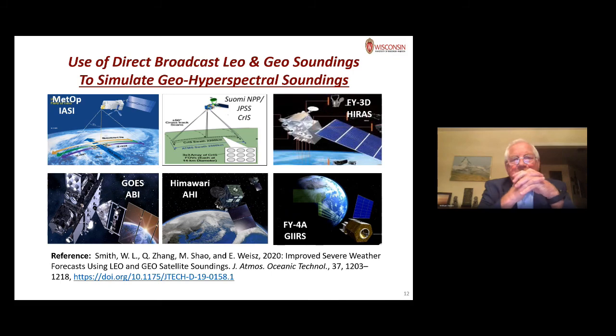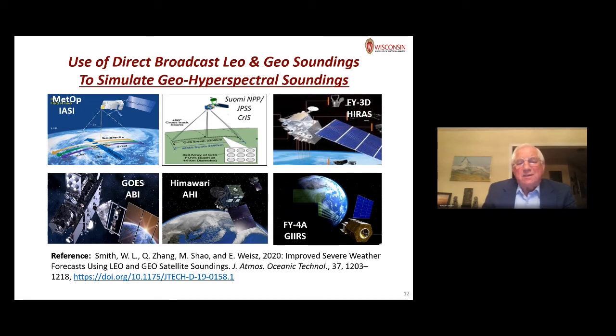We get good coverage of the continental U.S. from those 3 direct broadcast systems, and so we take that polar data and we combine it with the ABI data, which covers that same region, and we produce these simulated geo-hyperspectral soundings. So we combine, for example, the polar sounders METOP, the IASI, with the JPSS, the CrIS instrument, and we combine that with the GOES ABI.